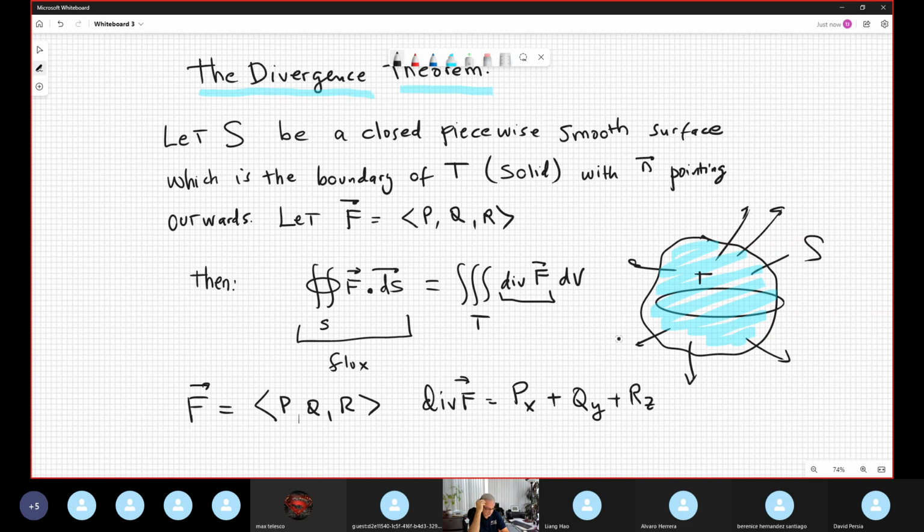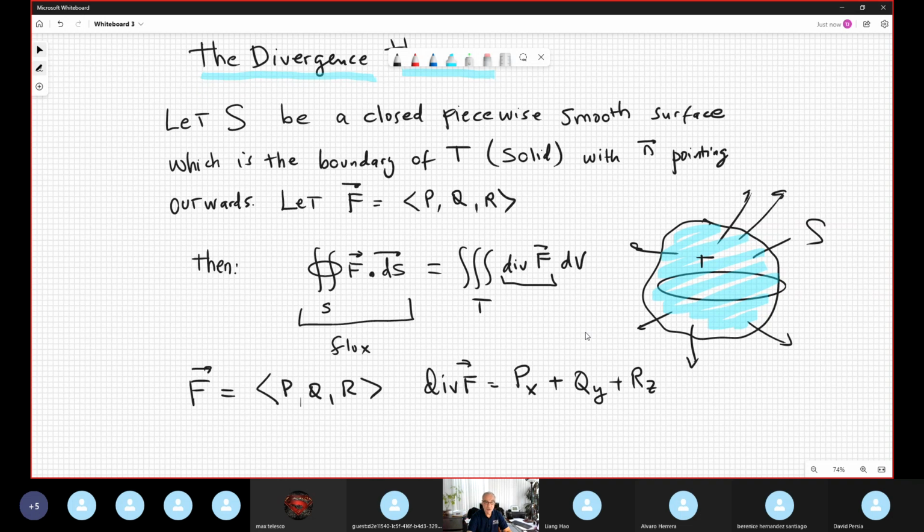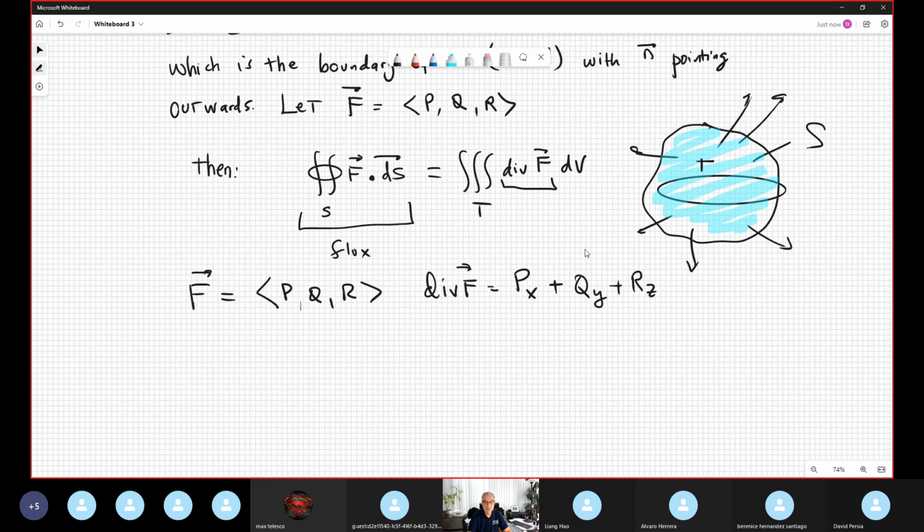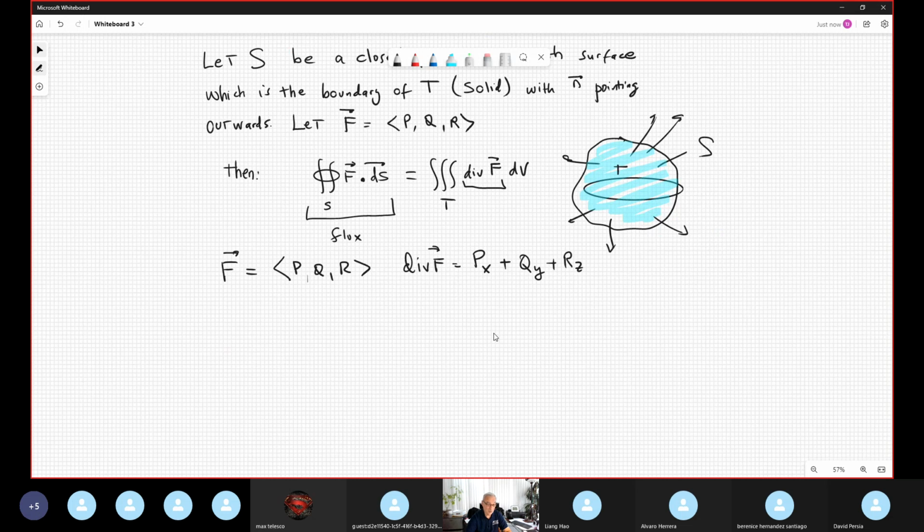Okay, so let's quickly do one example. In what application can we use this? For example, example 2 of the part: example 1 was Stokes, example 2 is the divergence.